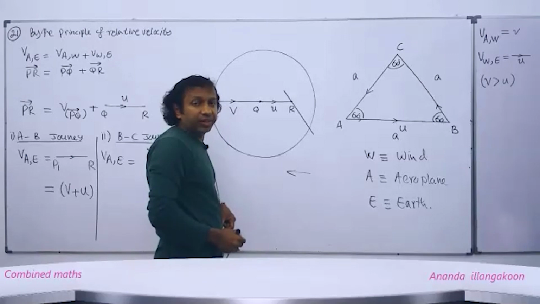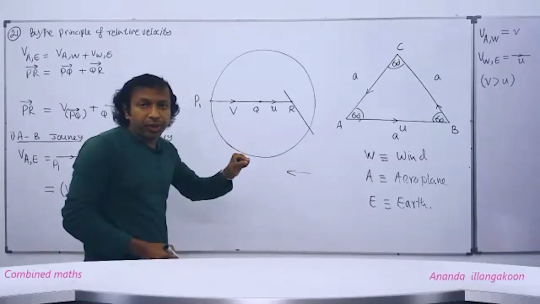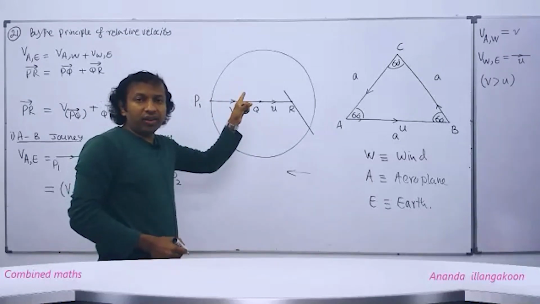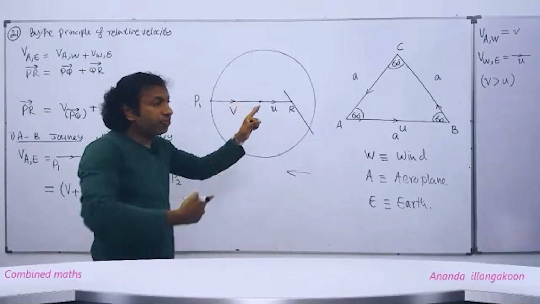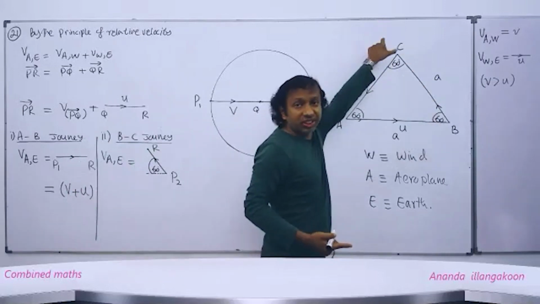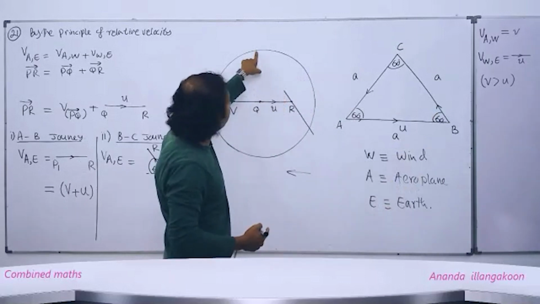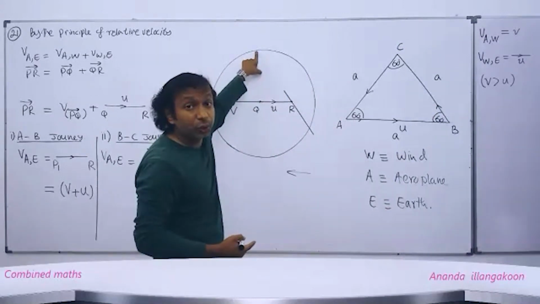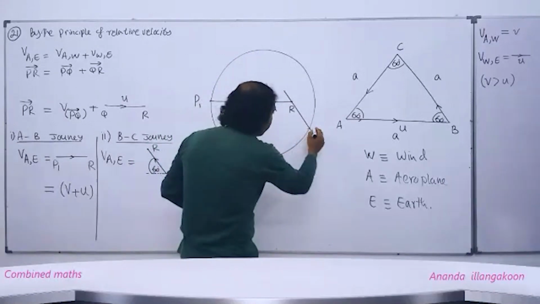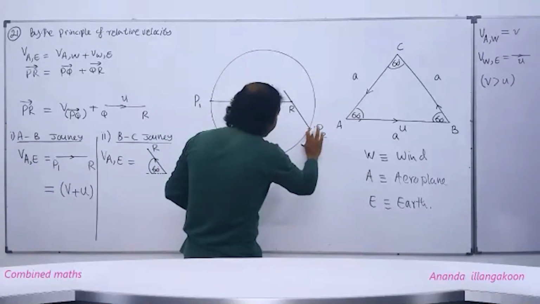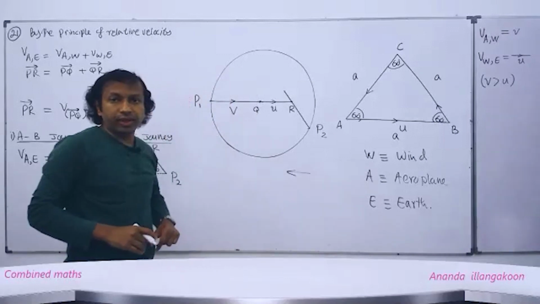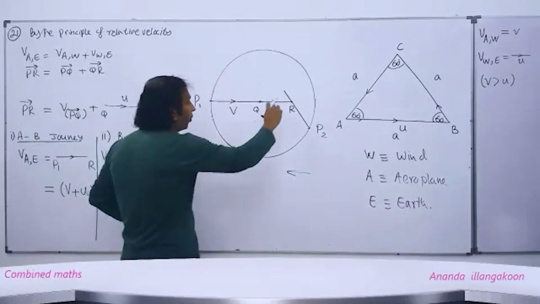And not only that, starting from P2, when we go to R, that direction of motion should be from B to C. Therefore, definitely not by producing this line to this end. The point of intersection for P2, it is this. Point P2 is this. Right? That is the point.